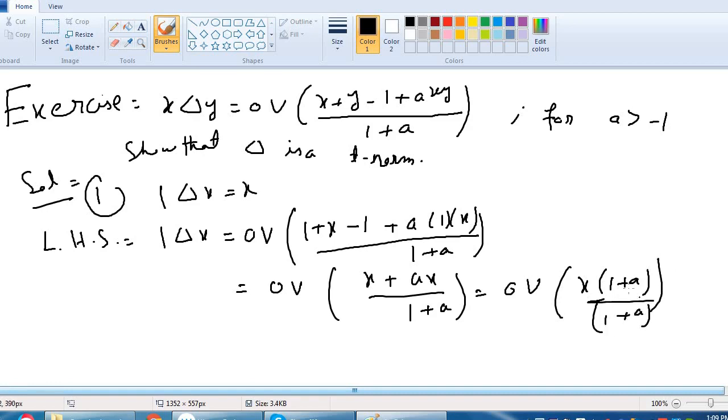Here we see that 1 plus a is cancelled with 1 plus a and we get 0 union x, which is equal to x because x is a fuzzy number and 1 is the largest number. So we see that it is equal to right hand side. So our condition 1 is satisfied, that 1 delta x is equal to x.